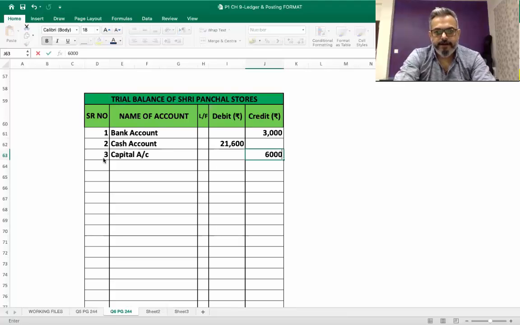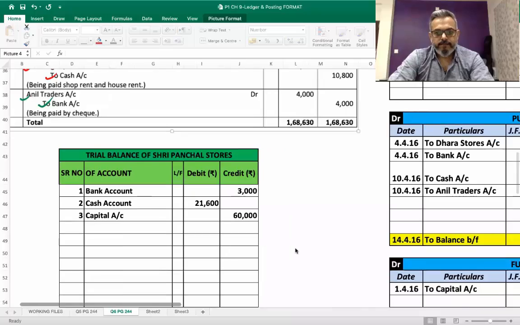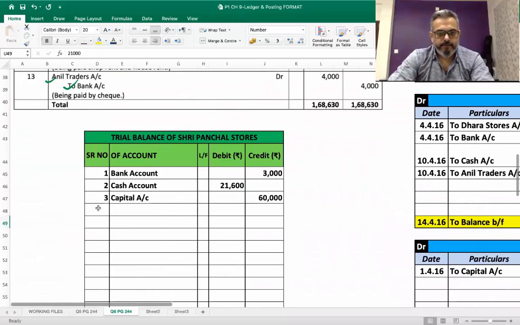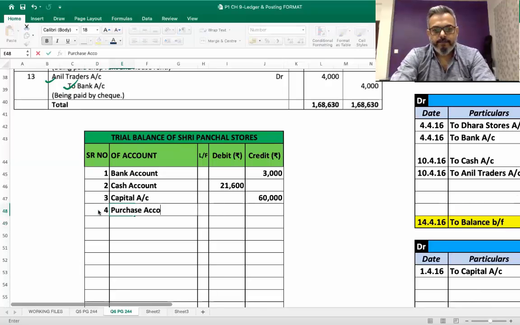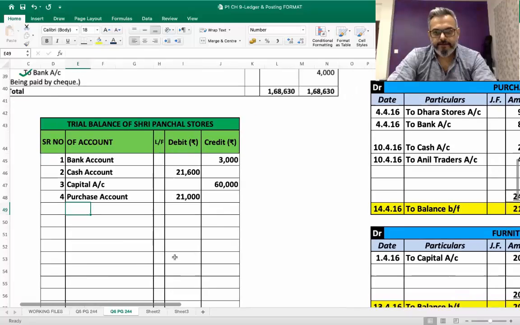Capital account, credit 60,000. Purchase account, debit 21,000. Fourth, purchase account debit side 21,000, it's a debit balance.